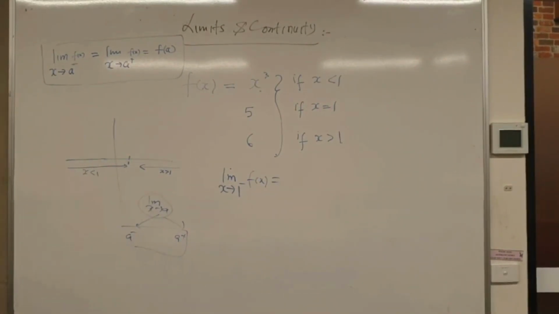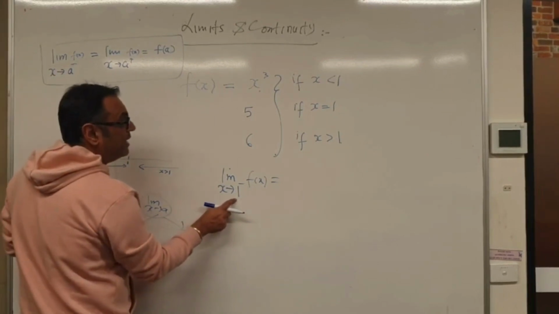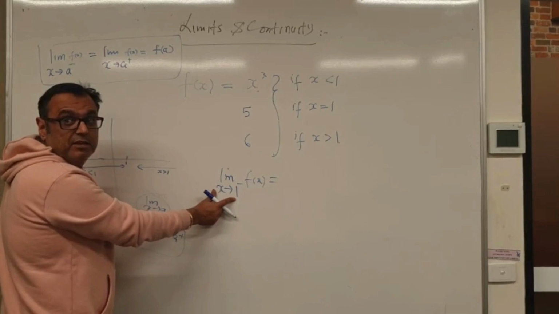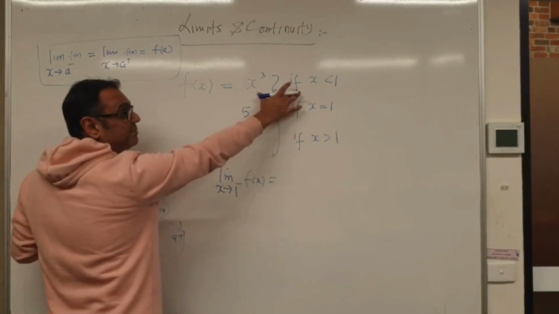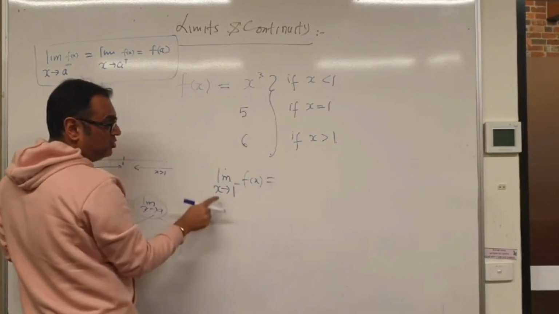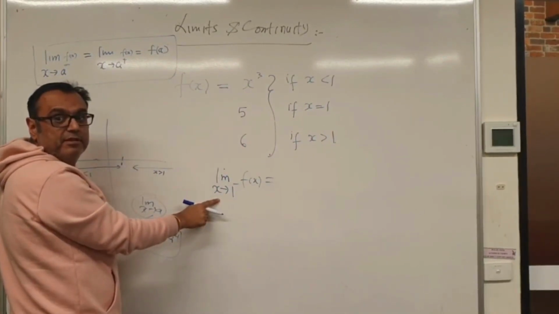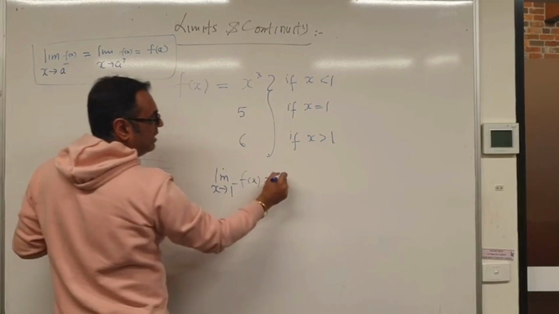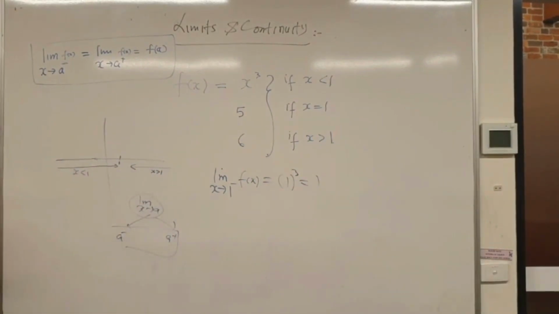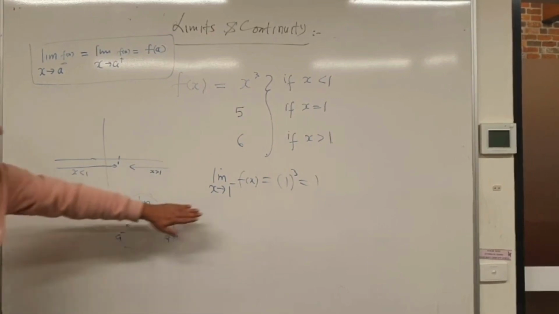Romel, what will be f of x? You plug in 1 in your left limit condition, which is your left limit domain. That's your left limit domain, correct? So you plug in 1 here because you're talking about the negative side. So you will say 1 cube, which is 1. That's your left limit.